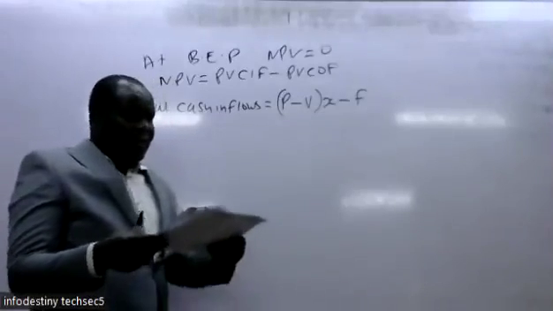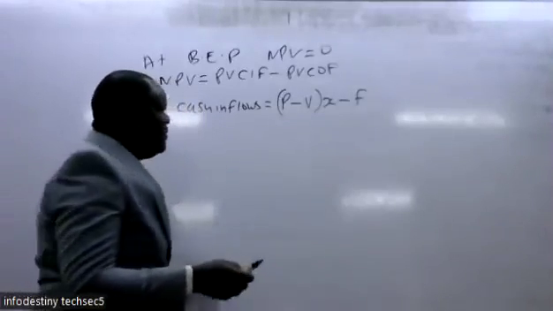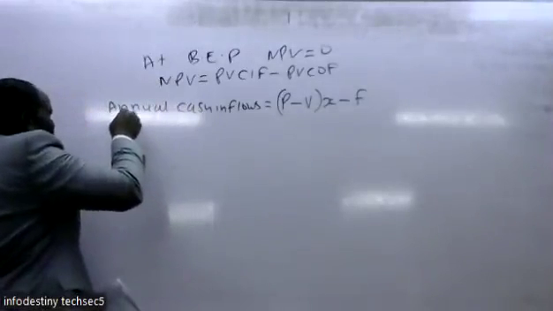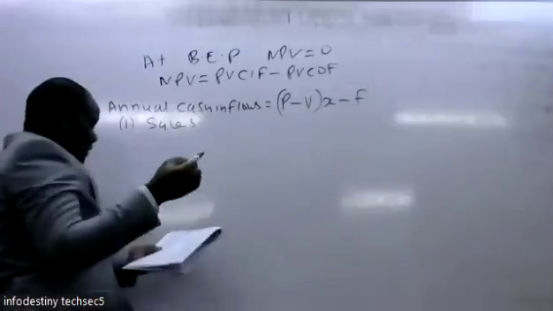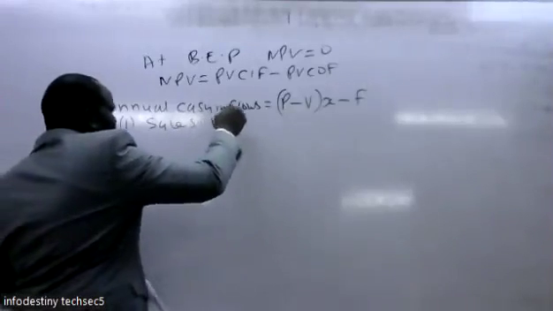So we start with the first item, Roman letter 1, which is the sales volume.